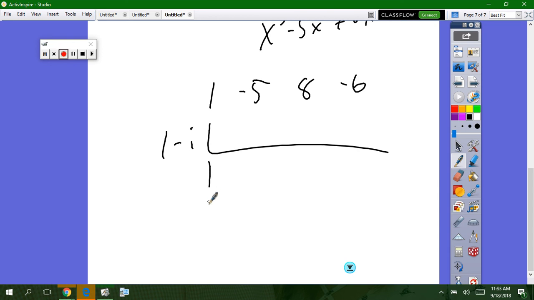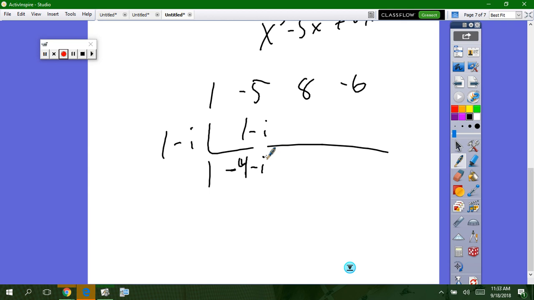Here we go. It kind of takes a little bit of time, but just bear with me. This will be 1 minus i, because 1 times that is 1 minus i, yeah? What do we get there? Negative 4 plus, excuse me. I lost it. Now what do we do? 1 minus i times negative 4 minus i. You ready? Here we go. 1 times negative 4 is negative 4.